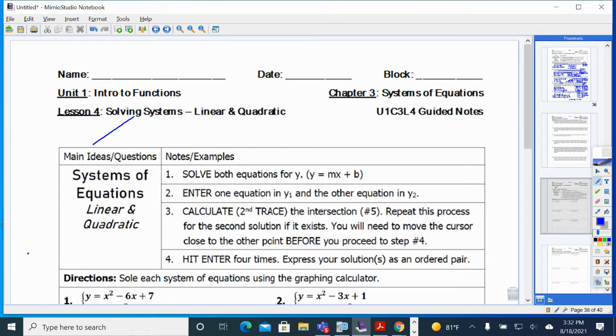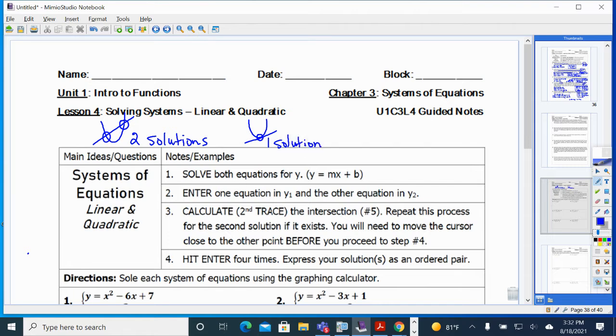A line and a parabola can intersect at 2 points. So we'd have two solutions. There is a possibility that the line might just hit the parabola at 1 point, giving us one solution.